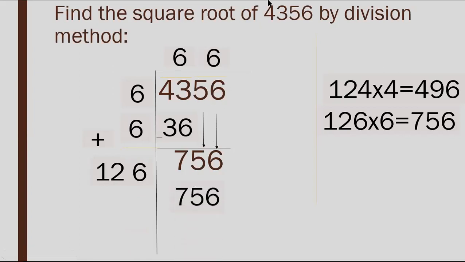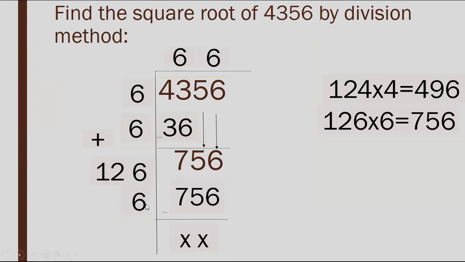Is this step clear? So when we subtract it, it will cancel out. And here on the left hand side, please remember that we have to add only 6, because 6 is taken here for the multiplication.